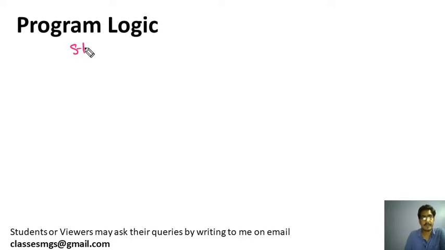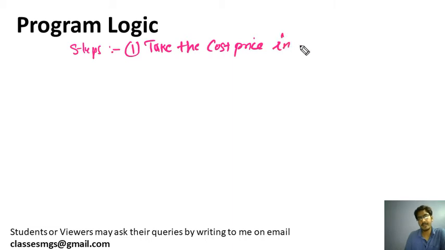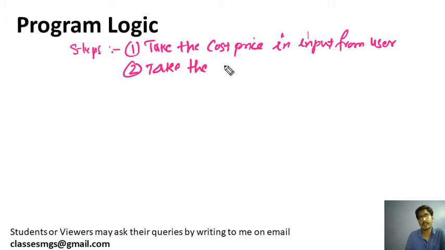So what will be the steps? The first step will be to take the cost price as input from the user, then take the discount as input from the user.